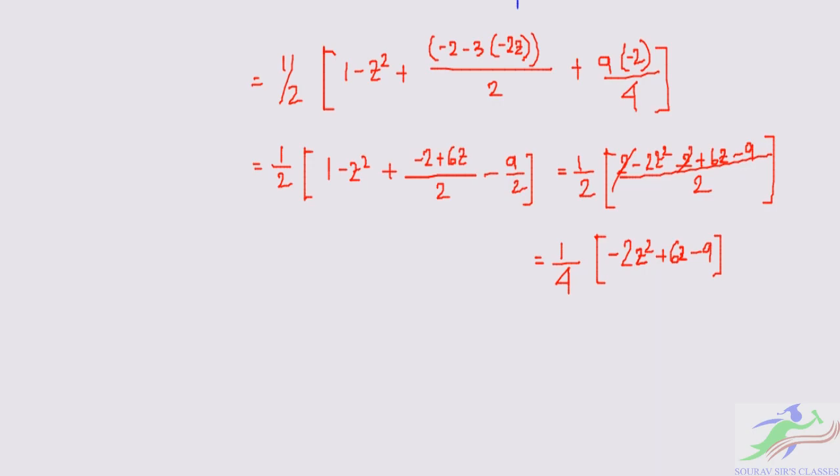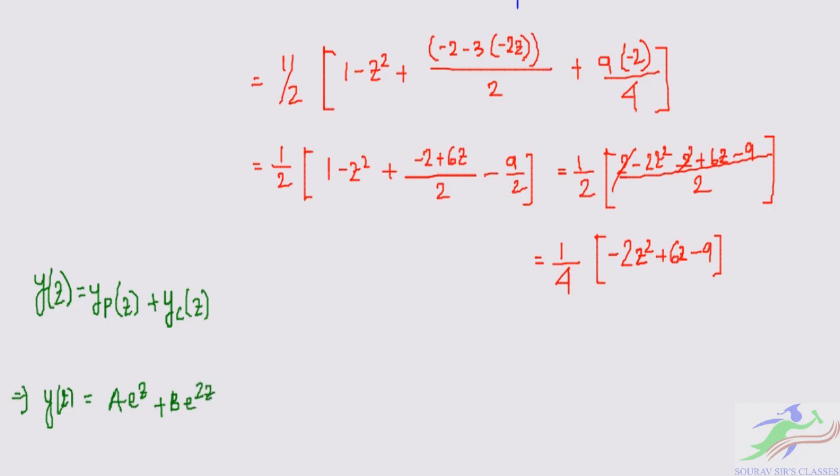So what is the general solution? The general solution is y of z equal to yp of z plus yc of z. So y of z is A e to the power z plus B e to the power 2z plus 1 by 4 of minus 2z square plus 6z minus 9. That is in terms of z.